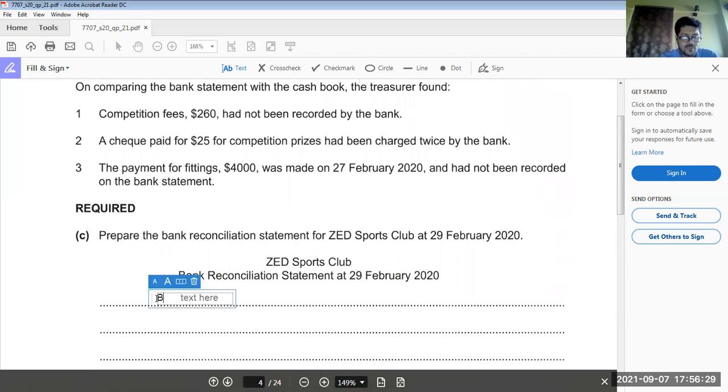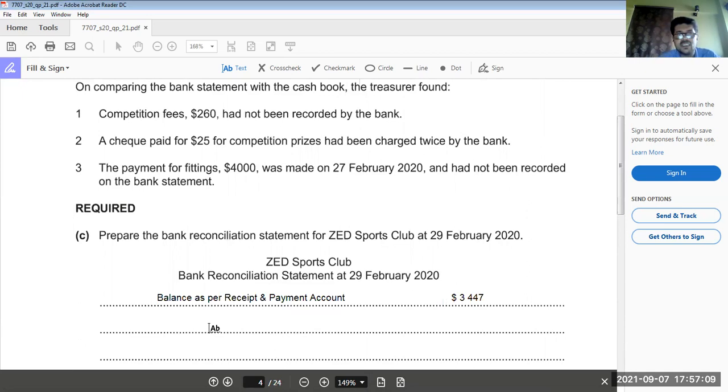Okay, now balance, and how much do we say that we have? Dollar 3,447. Okay. Now, competition fees of 260 had not been recorded by the bank.